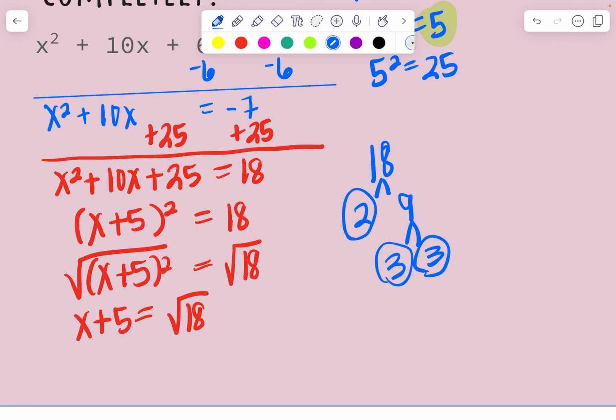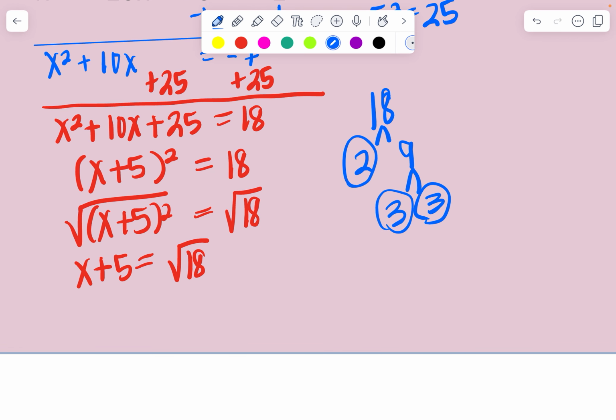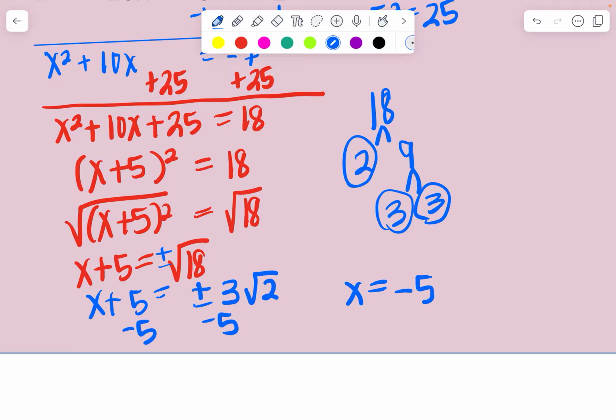So I have a pair of 3's I can take out. So x plus 5 equals, oops, I forgot the plus or minus. Plus and minus, we can pull out a 3. A 2 has to stay in. Take 5 from both sides. We get x equals negative 5 plus and minus 3 times the square root of 2.